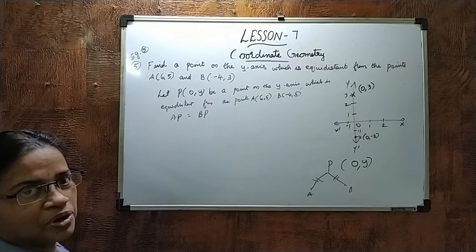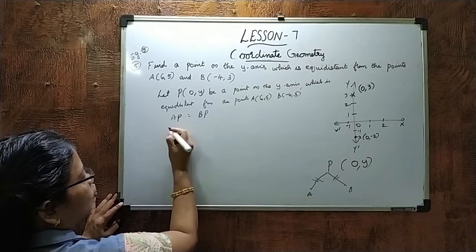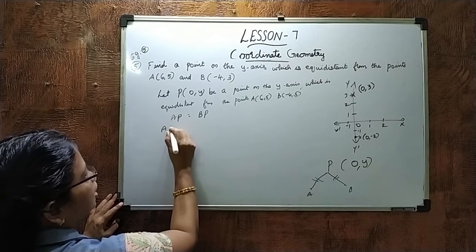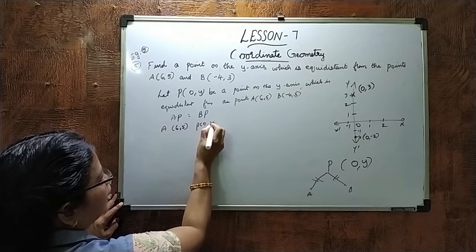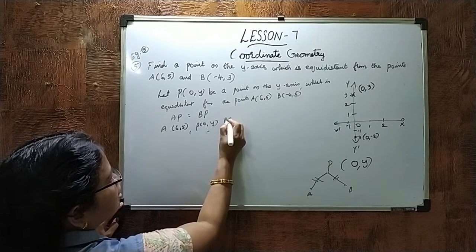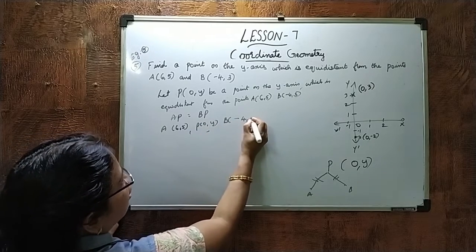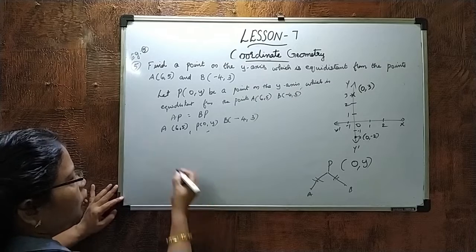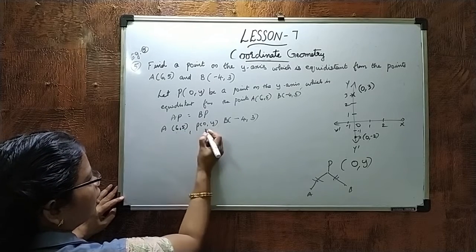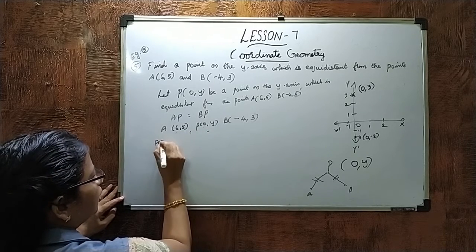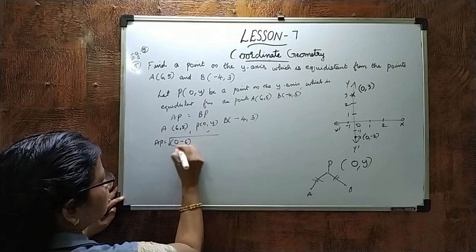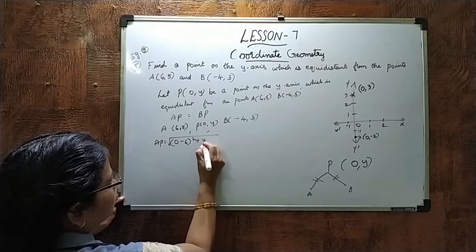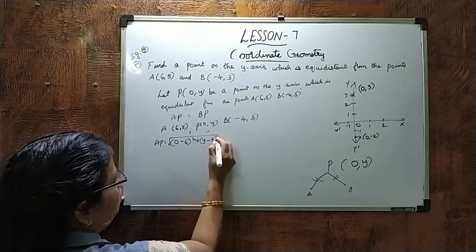Now what is the next step? You have to find out what AP is. A is (6, 5), P is (0, y), and B is (negative 4, 3). Okay, AP, here x1, y1, x2, y2. So AP equals root of (x2 minus x1) the whole square plus (y2 minus y1) the whole square.